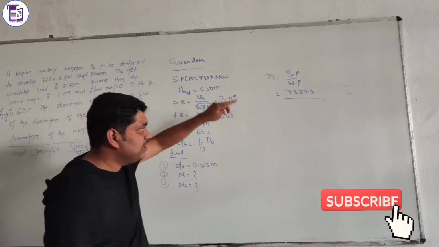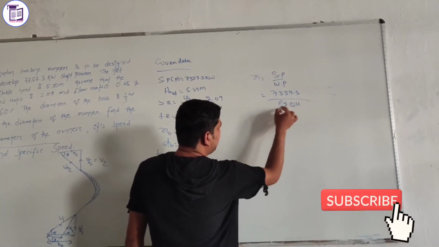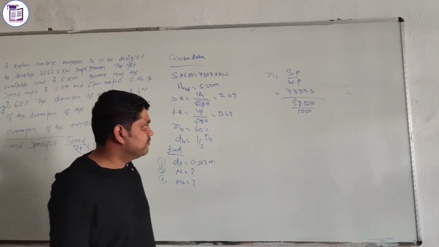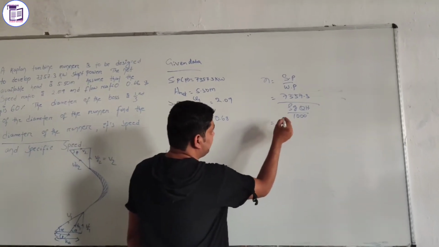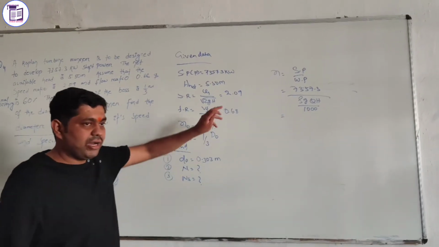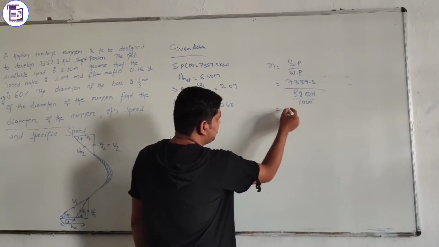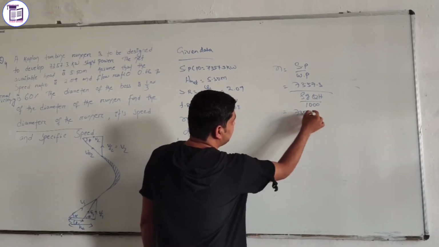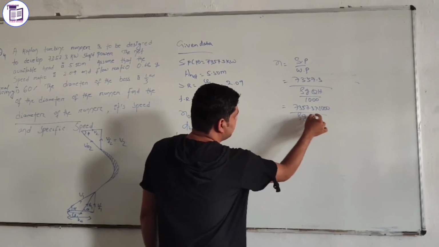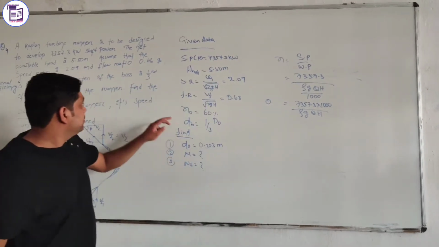Water power is rho g Q H, in kilowatt, so you divide by 1000. Now we can find the Q value from this. So using the overall efficiency, you can find Q. So you can write 7357.3 into 1000 by rho g Q H, which equals your overall efficiency, 0.68.